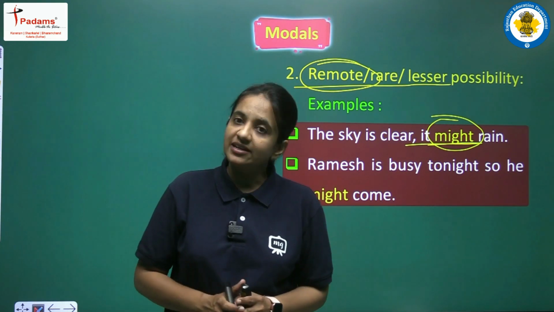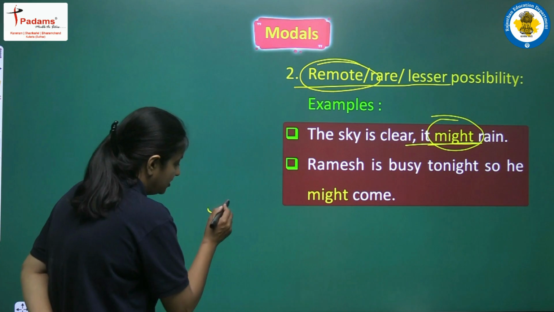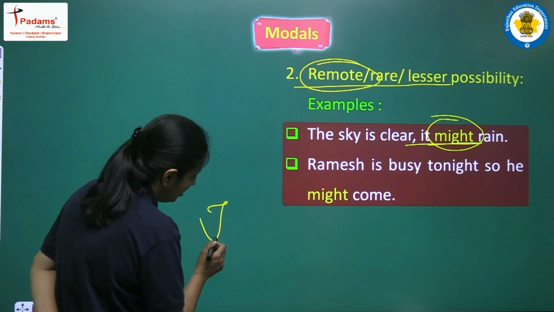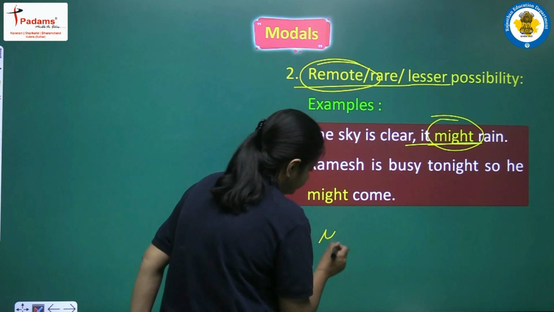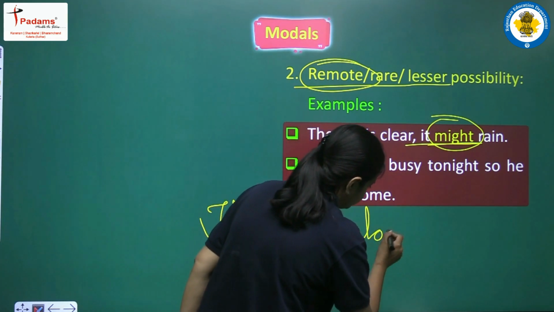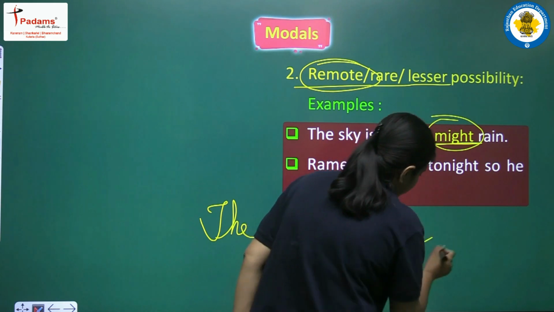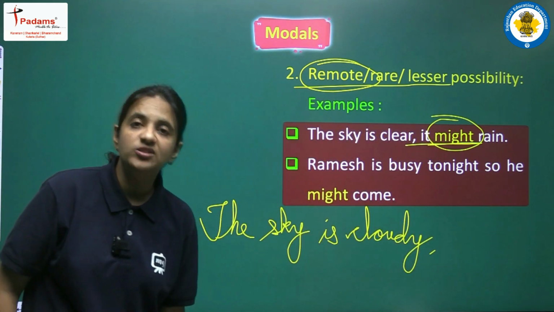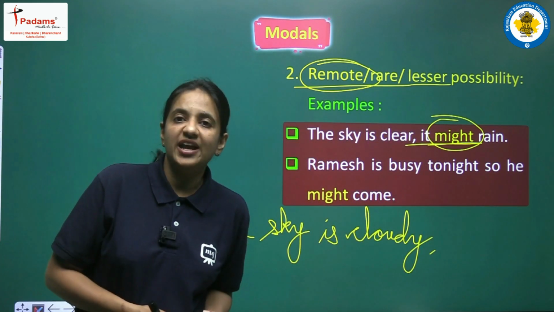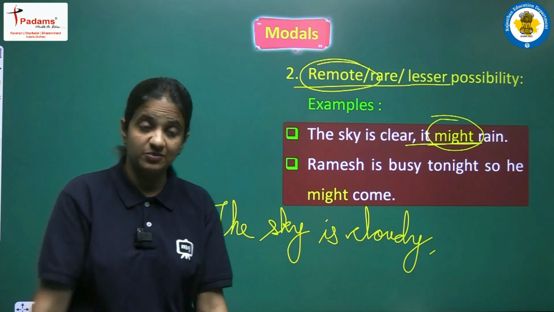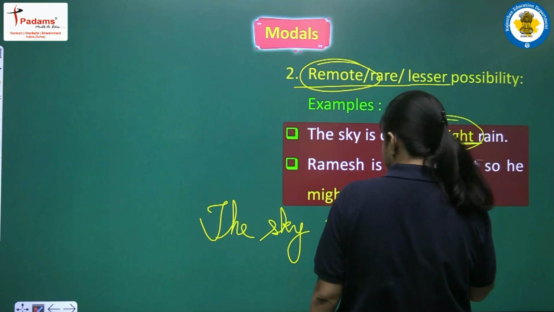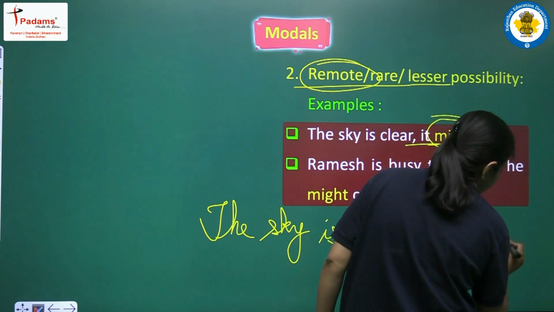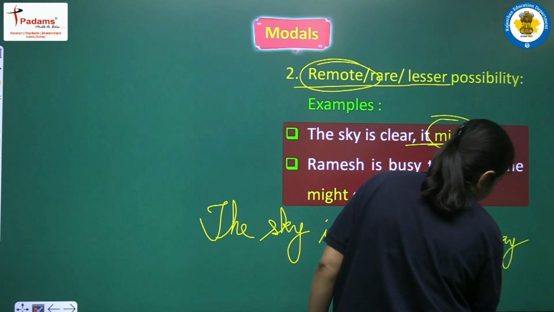Suppose we are having one sentence in which we take the same example that we have discussed. The sky is cloudy. So students, just tell me, if the sky is full of clouds, then the possibility of rain is a very strong possibility. Then we have to use may. Then we make the sentence that the sky is cloudy, it may rain, right?